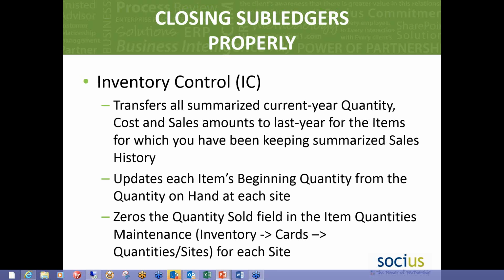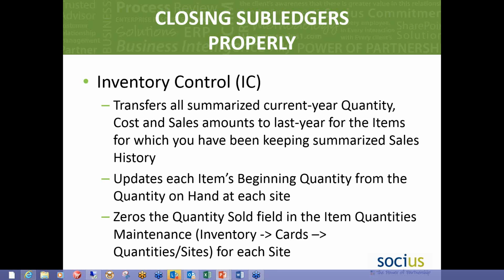What the year-end process actually does in inventory is it transfers all the summarized current year quantity, cost, and sales amounts to last year for the items for which you're keeping summarized sales history.